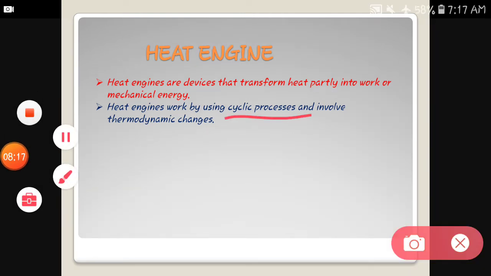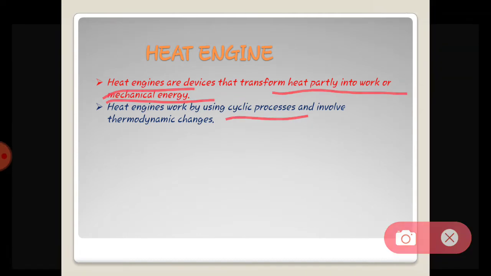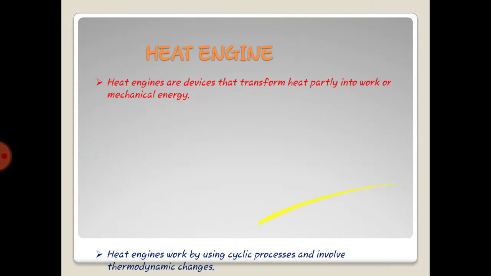So the first important thing about a heat engine is that heat is partly converted into work or mechanical energy. The second important thing is that the work is done by using cyclic processes. Now we'll move towards the next point, what exactly it deals with.